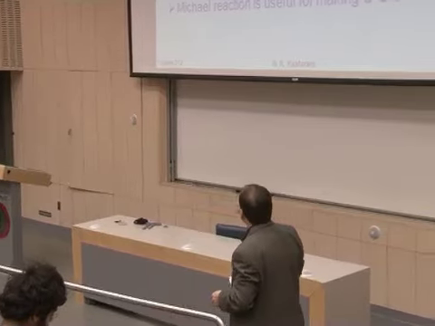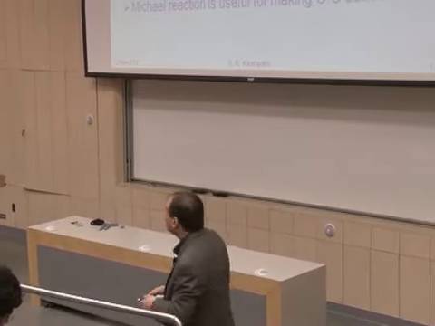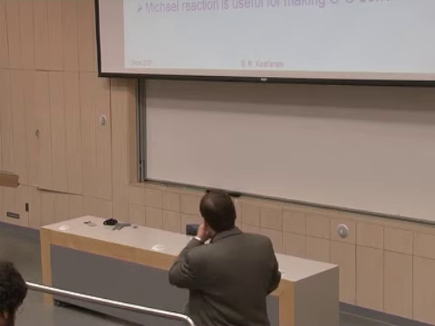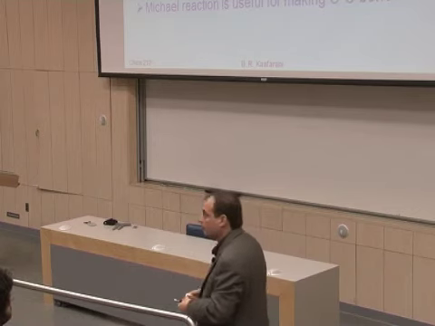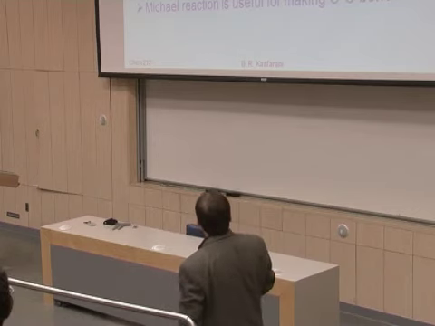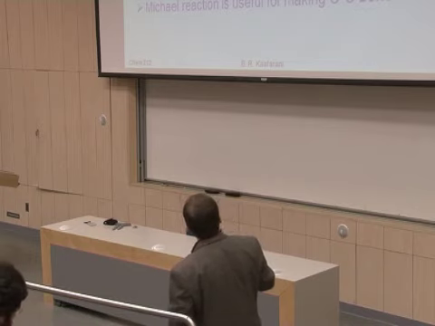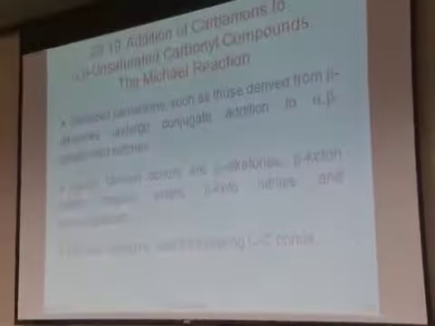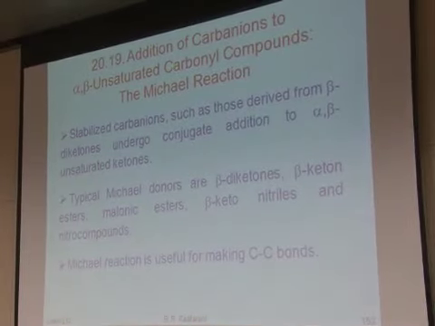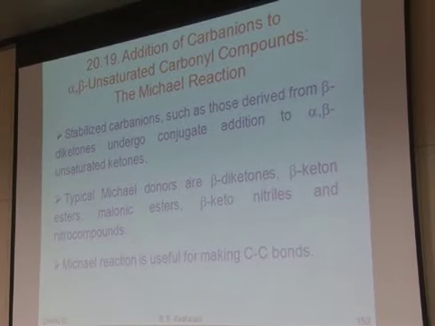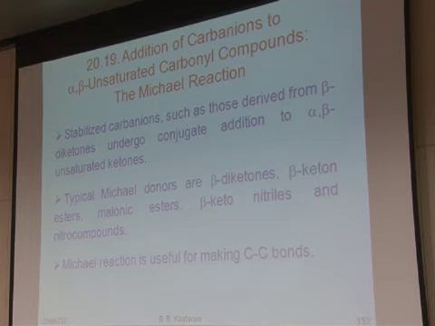So we will finish up chapter 20 today, and we are going to talk about a very interesting reaction in this section, where we are going to have a carbanion add to an alpha beta unsaturated carbonyl compound, and we call this reaction the Michael reaction.